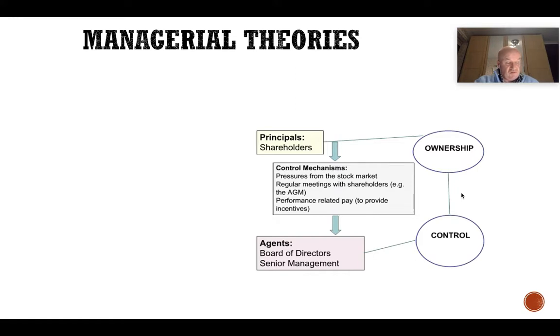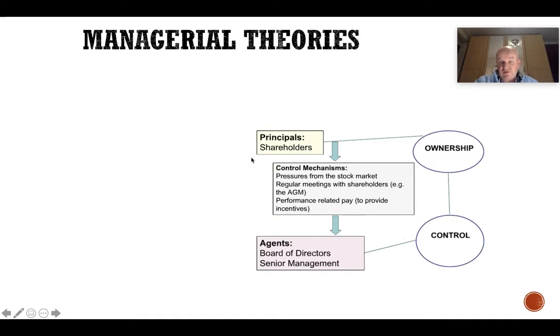Okay, so in some cases we might find that some management decisions taken by the board of directors and the senior management within an organization may not necessarily be to maximize profits or shareholder value, because effectively shareholder value is all about two things.